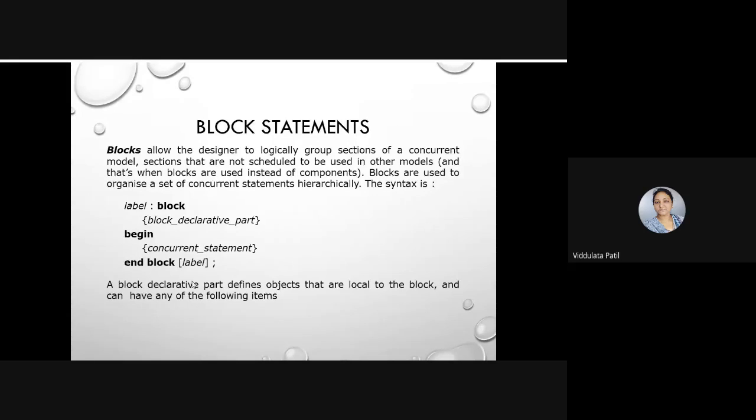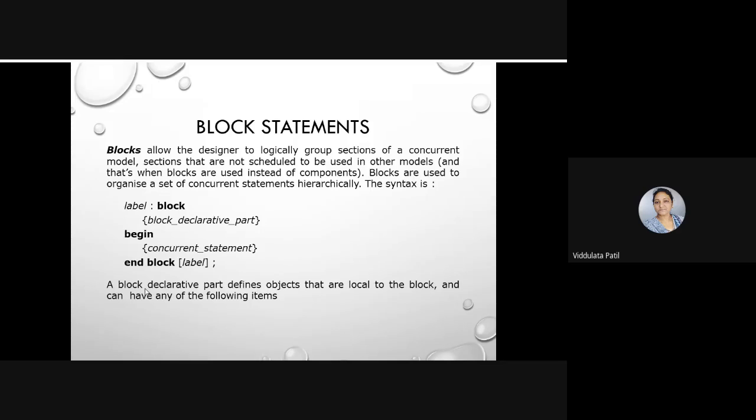Now whatever is in the square brackets is optional. So if you want to write it, you can have it, otherwise you can skip this. But if you are writing this, it should be the same as this label.